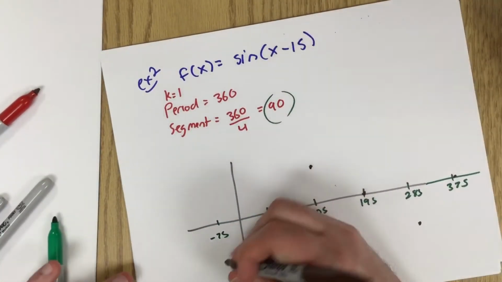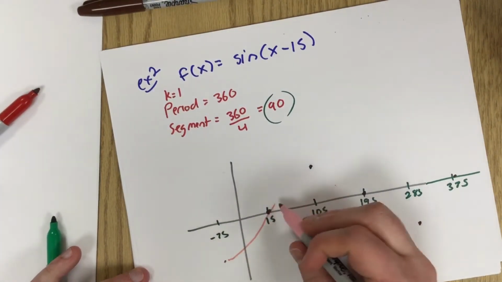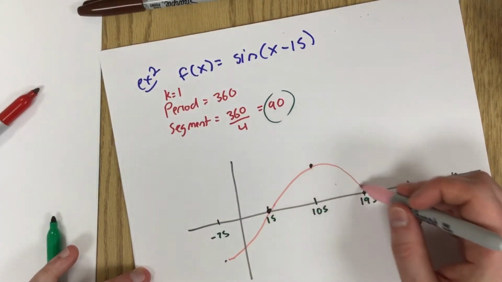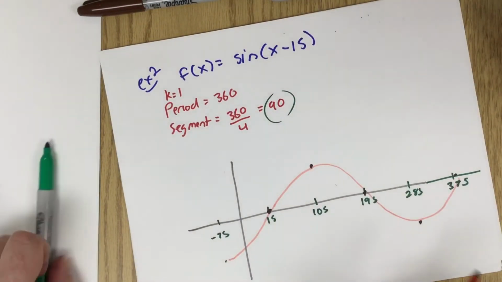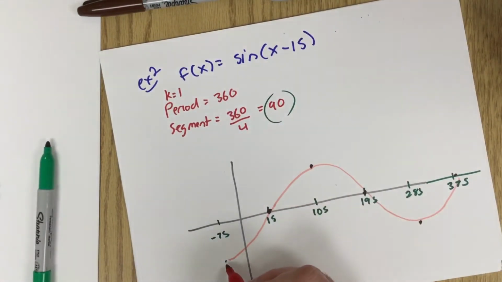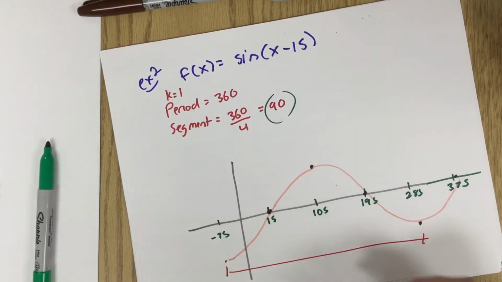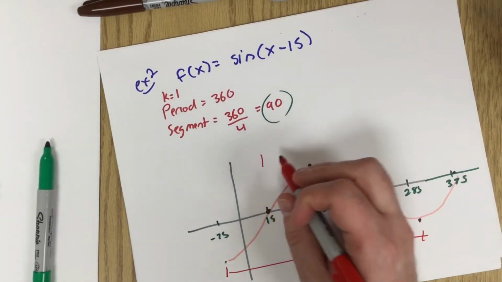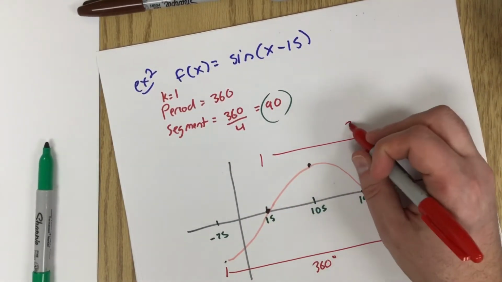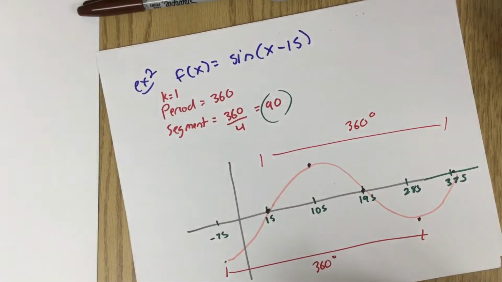I hope that's right. If we calculate the period, say from the bottom to the bottom, from negative 75 to 285, the period is 360 degrees. Or we could go from middle going up to middle going up, and it's still 360 degrees.